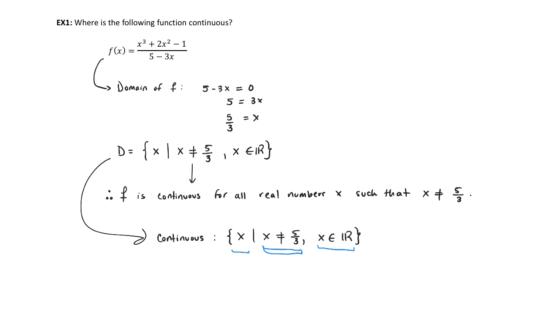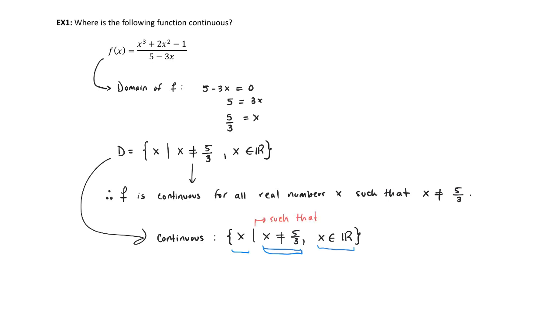Are we working within the natural numbers? Is x an integer only, or is x any real number? So that usually goes over here at the end. And this bar right here, verbally, is pronounced as "such that."